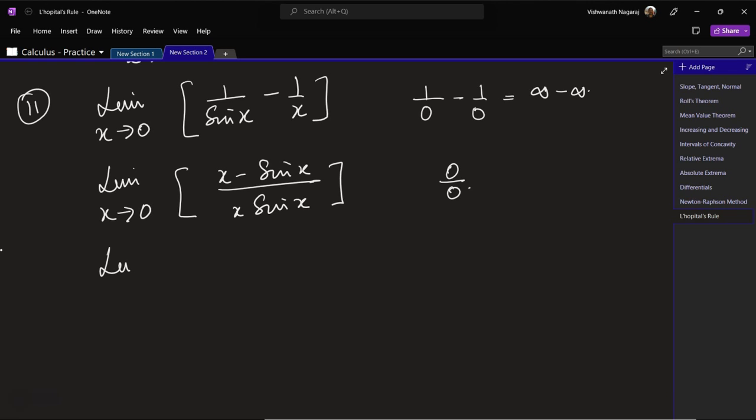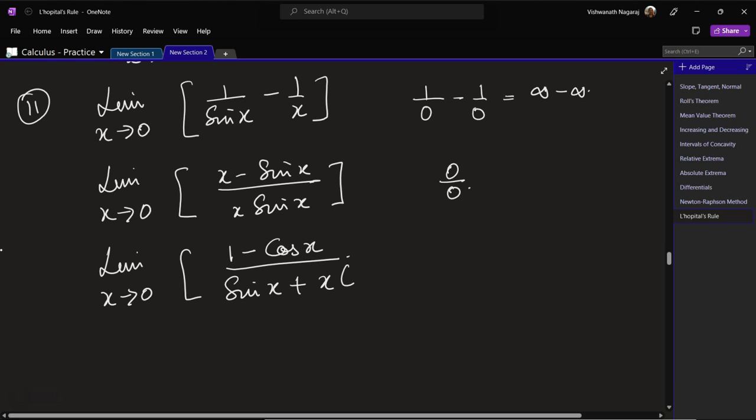Now limit as x approaches 0. Now we are going to differentiate both the numerator and the denominator. 1 minus cos x divided by, chain rule in the denominator, so 1 times sine x plus x cos x. Okay.